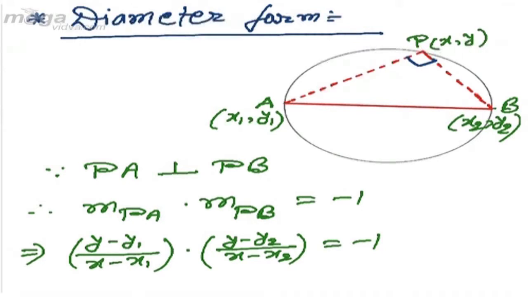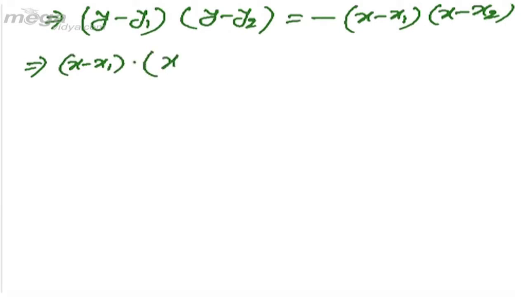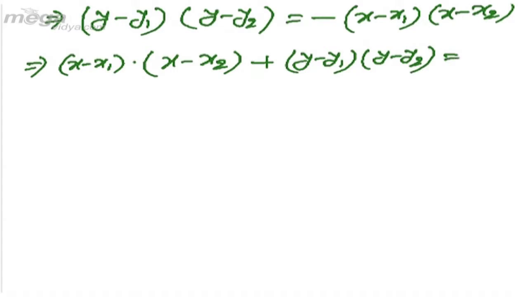Now this x minus x1 and x minus x2 we can transfer to the right side. So it becomes y minus y1 into y minus y2 is equal to minus x minus x1 into x minus x2. Again we can transfer this minus the whole term to the left side, it becomes plus, and hence it becomes x minus x1 into x minus x2 plus y minus y1 into y minus y2 is equal to 0.